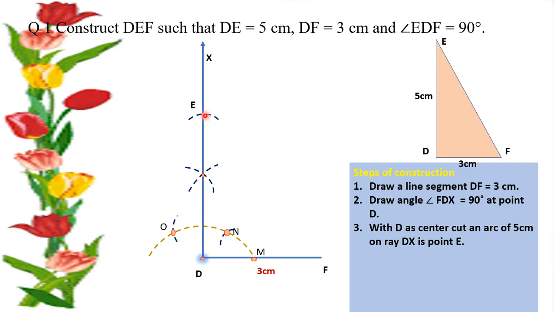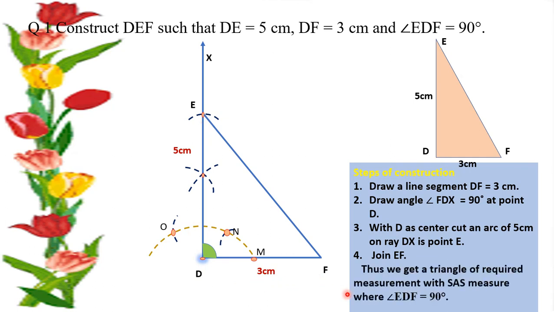Now join E to the point F, and we get a right angle triangle EDF, where this angle D is 90 degrees, line segment DE is 5 centimeters and DF is equal to 3 centimeters. So we get the required triangle of the given measurements, side angle side.